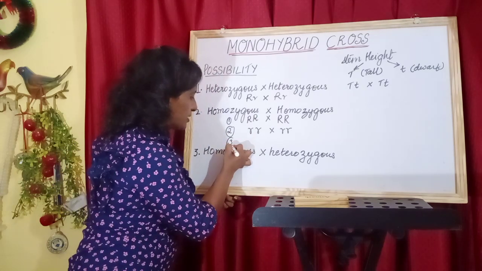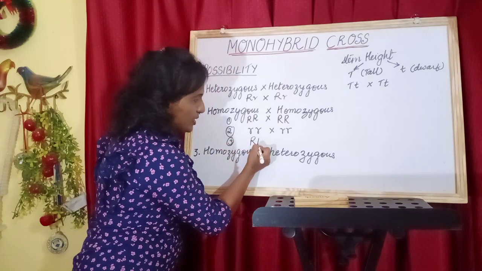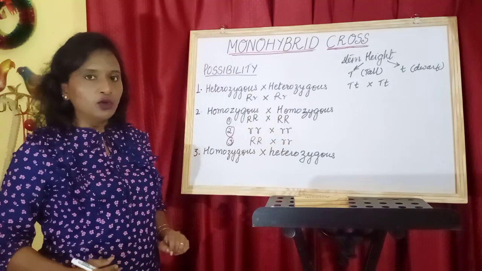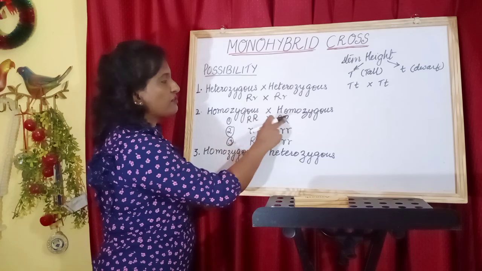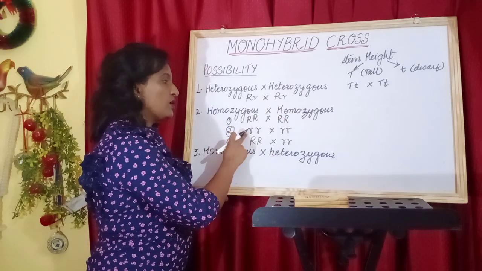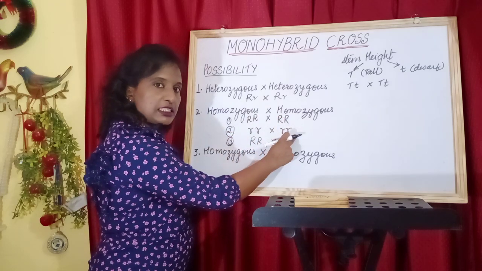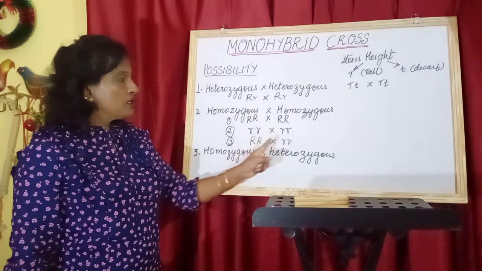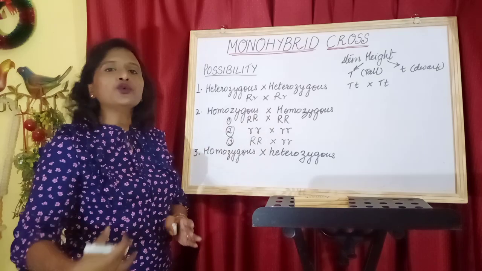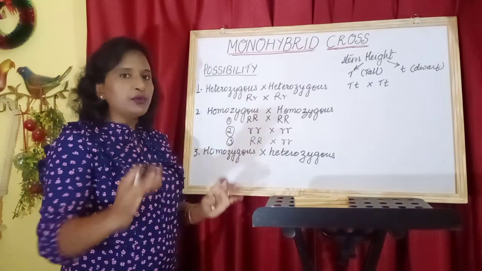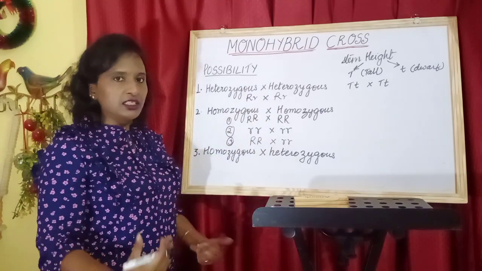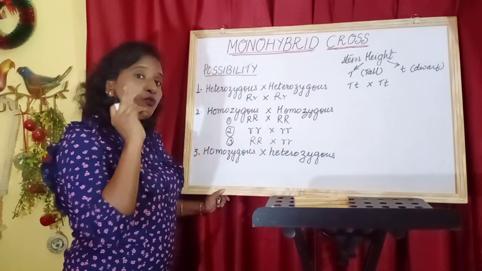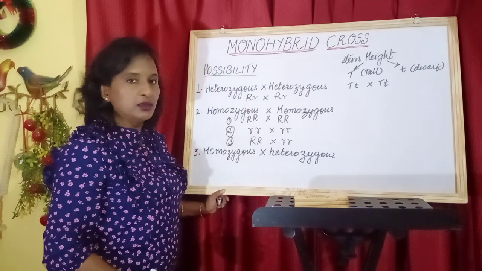Third possibility is capital R crossed with small r, both homozygous. So either round seeded plant will be crossed with round, wrinkled seeded plants can be crossed with wrinkled seeded plants, or round seeded plant can be crossed with wrinkled seeded plant. Accordingly you have to find out the gametes, the Punnett square can be prepared, and the F1 generation can be depicted. That's why I have said that we have to know what the parents are that have been specified in any particular problem.